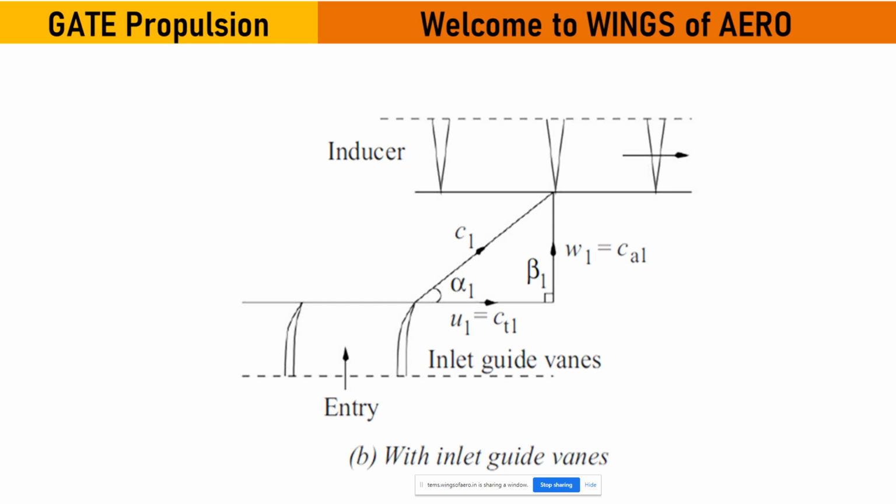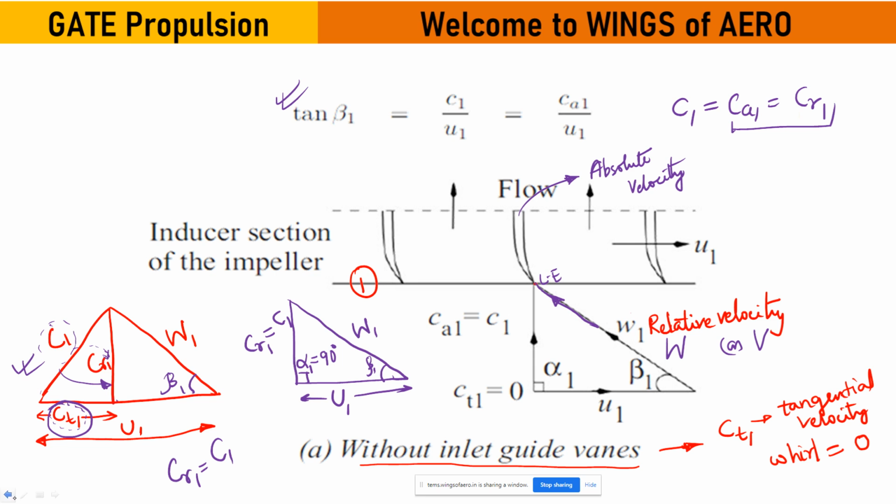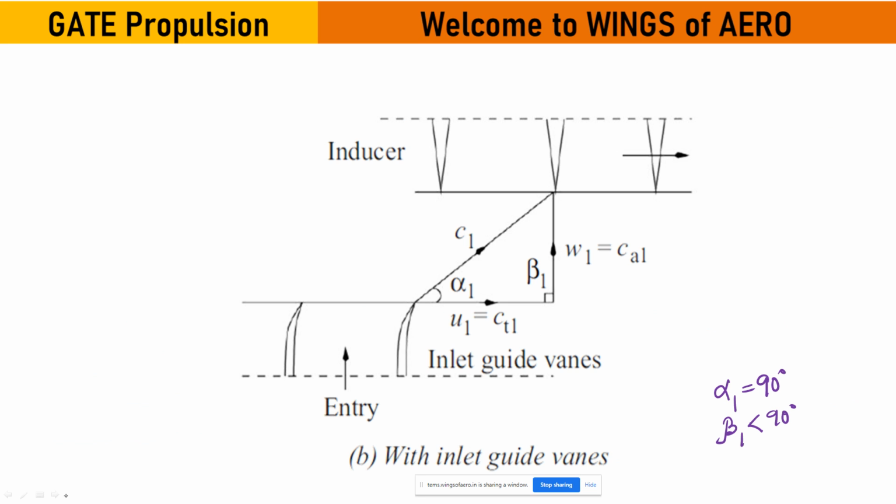In the question, if they have mentioned any sort of inlet guide vanes, then what will the velocity diagram be? Unlike without inlet guide vanes, where we saw alpha 1 became 90 degrees and beta 1 was less than 90 degrees, here it's just the reverse pattern of the previous one.